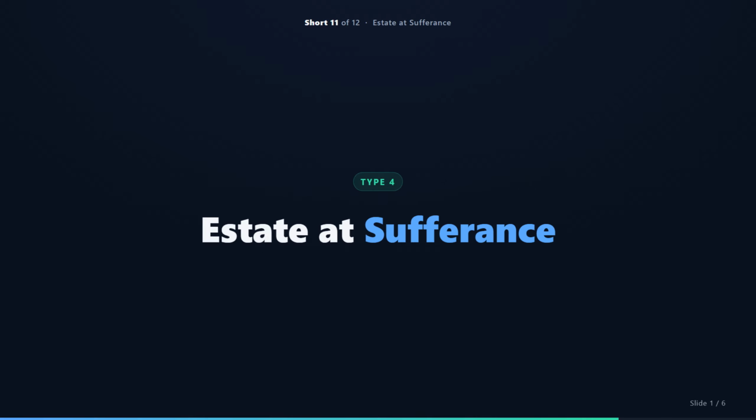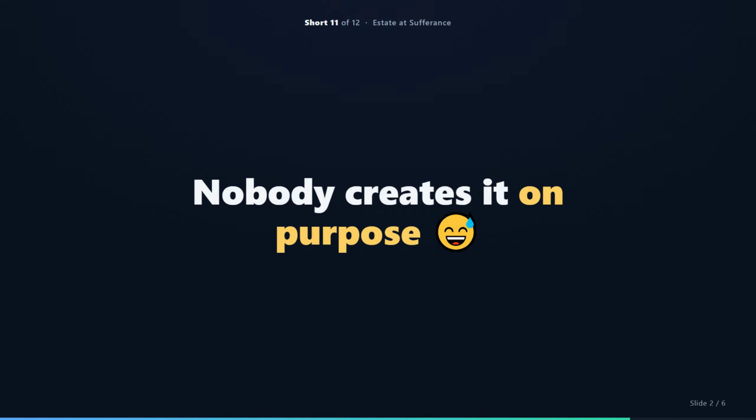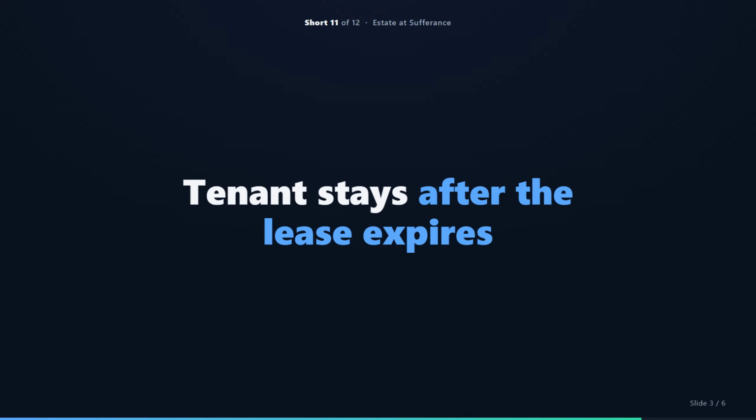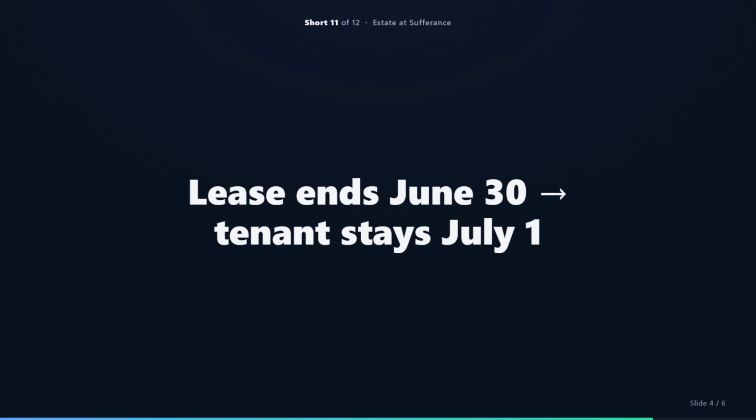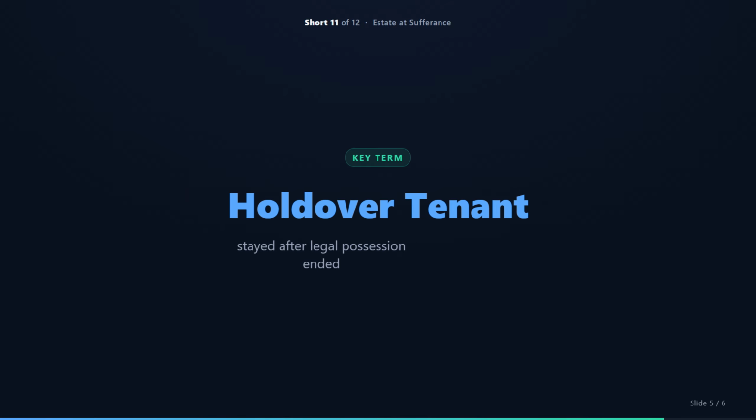Estate at sufferance, type 4. Students find this one funny because nobody creates it on purpose. The definition: a tenant remains after the lease is expired. The lease ends June 30th. The tenant stays July 1st, and now you've got an estate at sufferance. The key vocabulary word is holdover tenant.